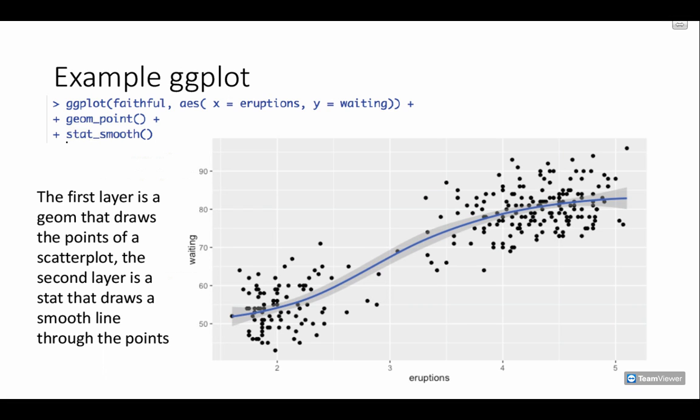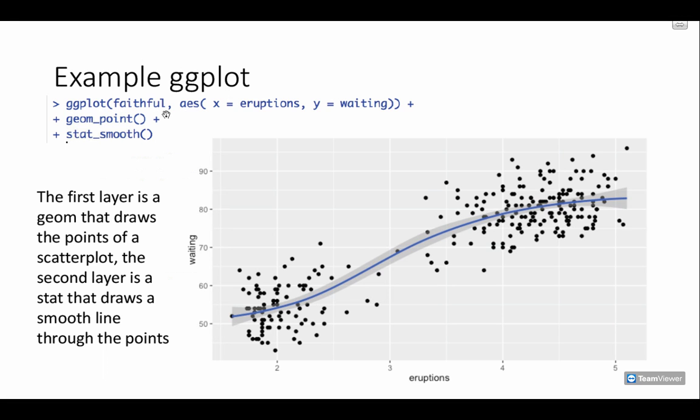In this case, since we have waiting times and eruption times, it may be useful for us to see the pattern of it, so we are using a scatter plot in this example. With ggplot, you first use the keyword ggplot, and faithful is our data set.